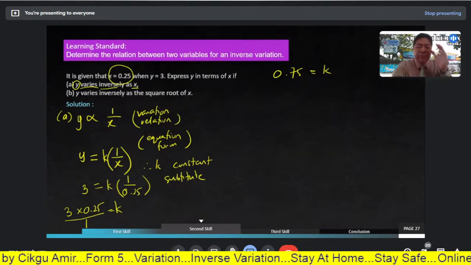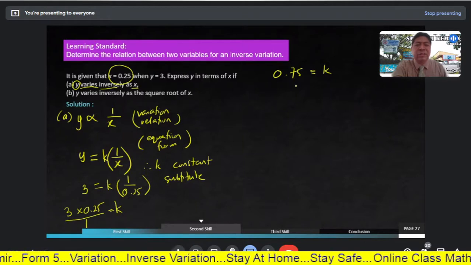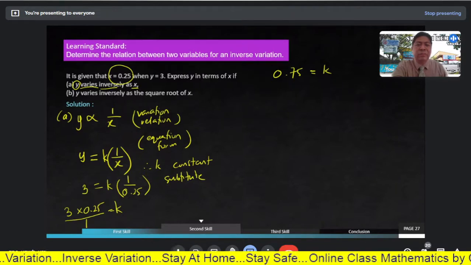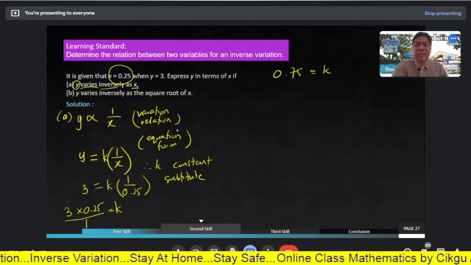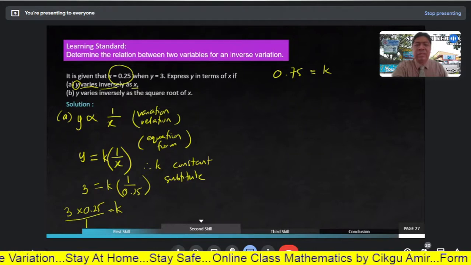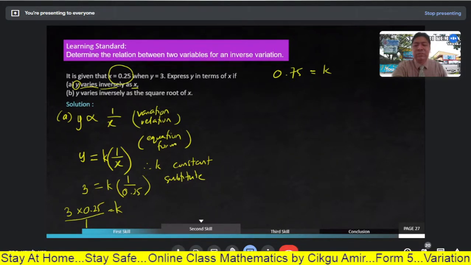Then the last step, the fourth step, is to take the new value of k and put it back in equation form.